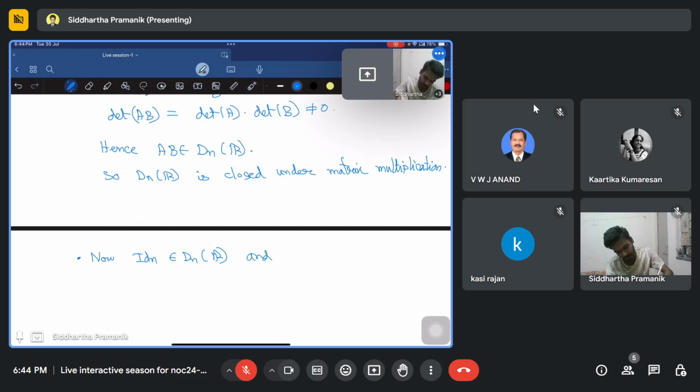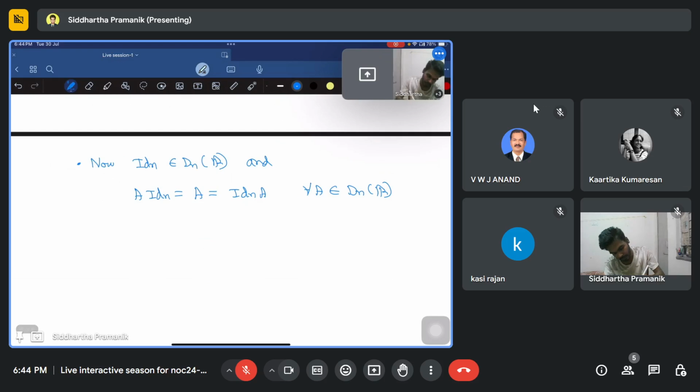And A times identity n is the same as A, and this is the same as identity n times A, and this holds for every element A in Dn. So that means the identity matrix is the identity element of Dn.